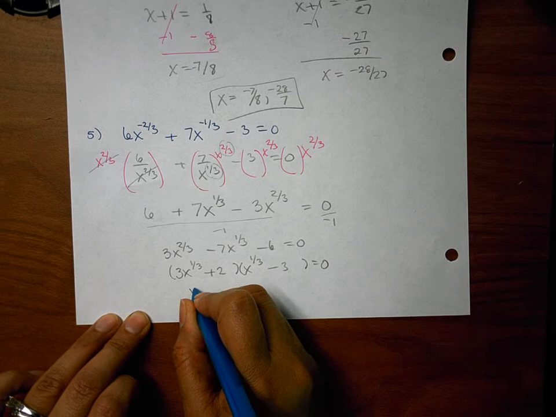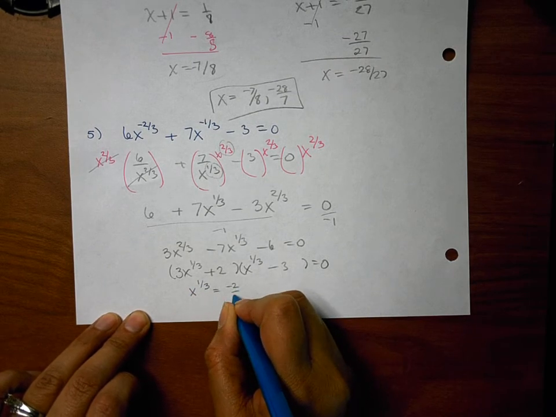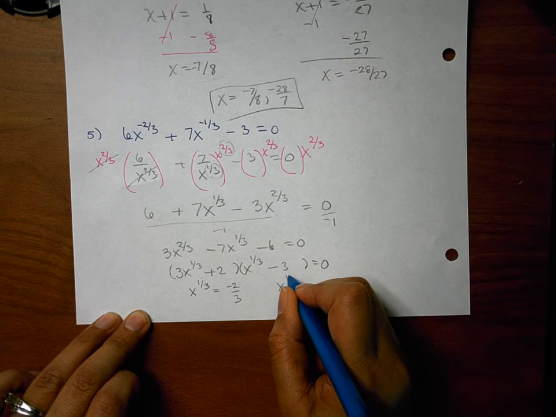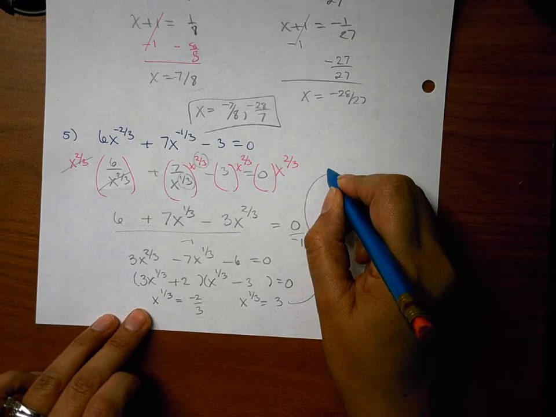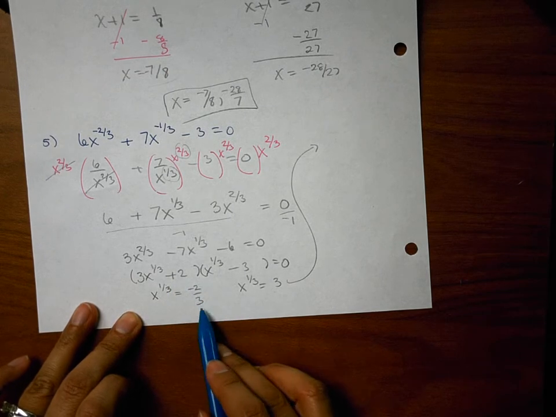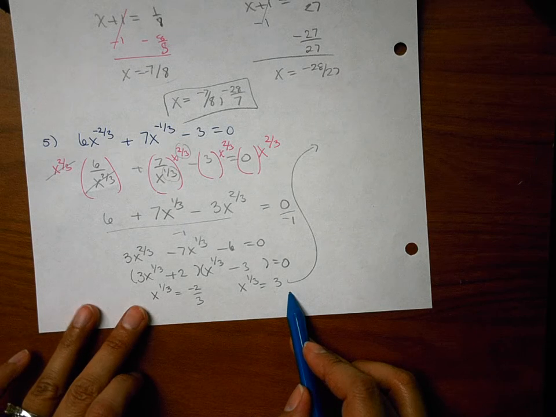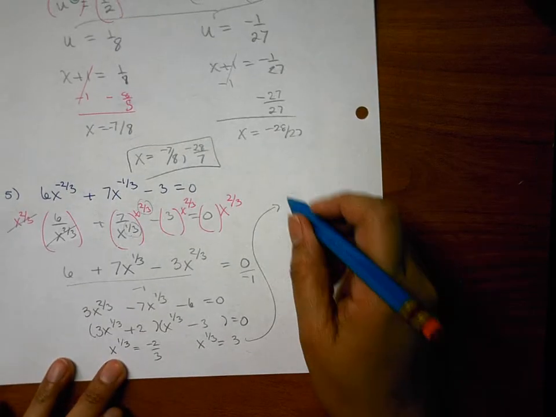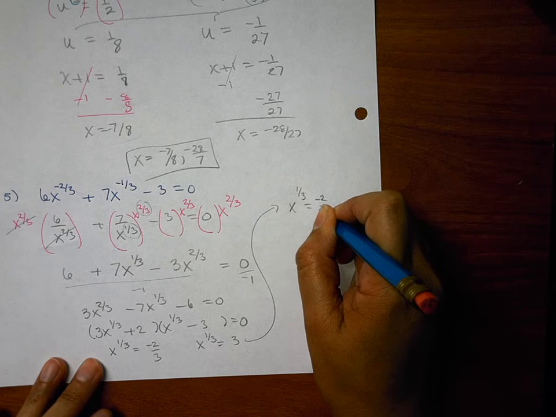So then I'm hoping you guys can solve it in your head. If this equals 0, you subtract and divide. You get x to the 1/3 equals -2/3. And this one is x to the 1/3 equals positive 3. Do you see how that worked? If that equaled 0, subtract the 2, divide the 3. If this equals 0, you add the 3 and you end up here.